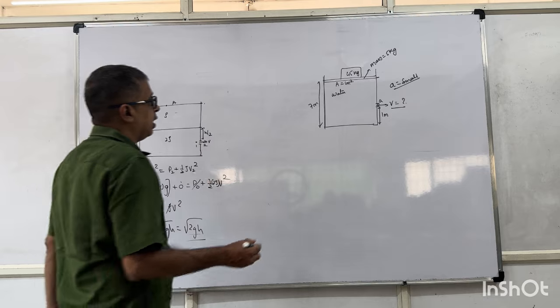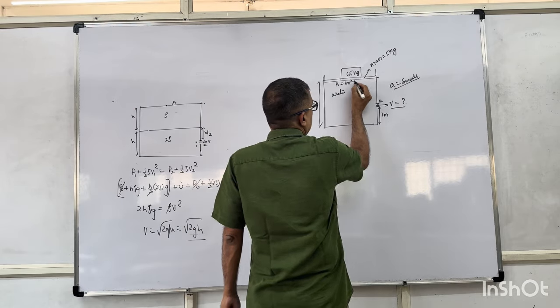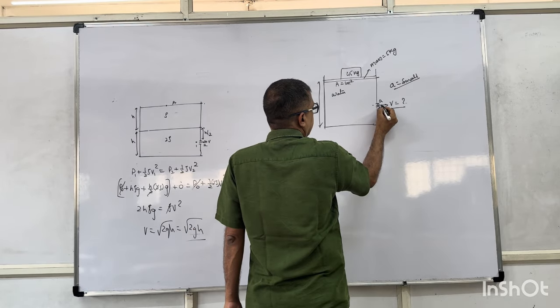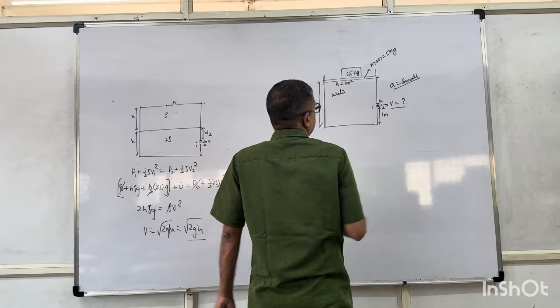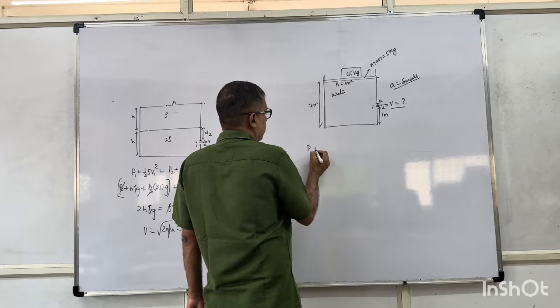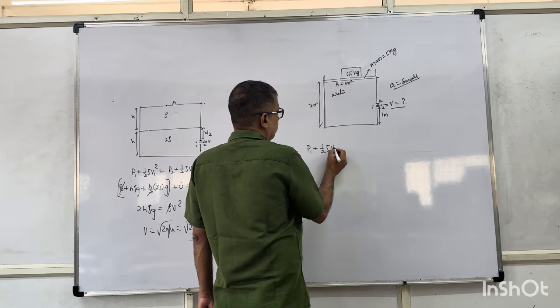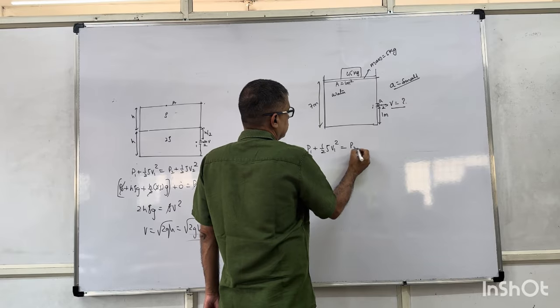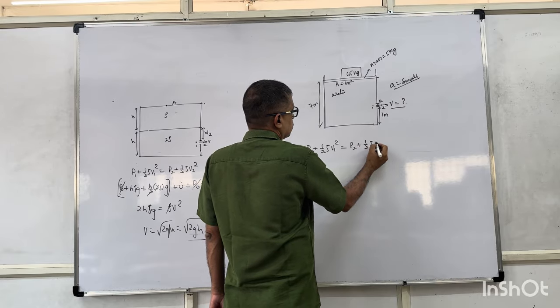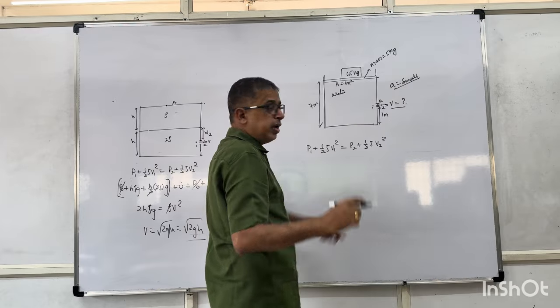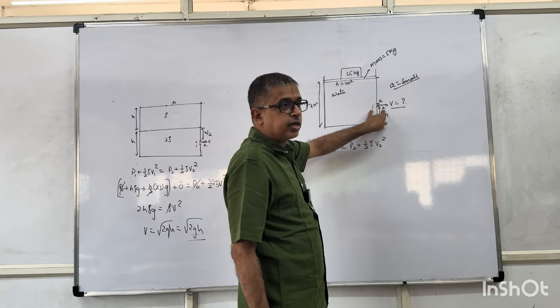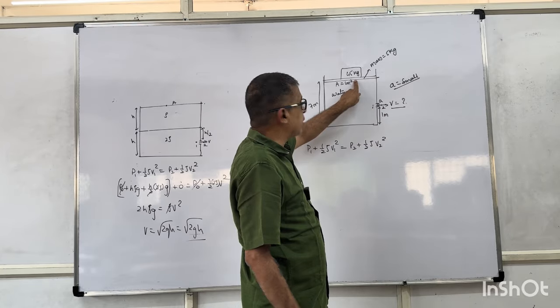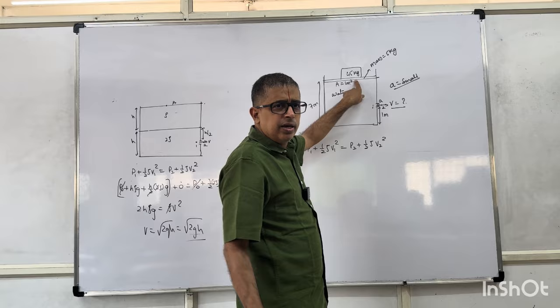Here when you apply, say take 1 and 2. I am taking 1 and 2. Pressure at 1 plus half rho V1 square is pressure at 2 plus half rho V2 square. I am preferably trying to select 2 points here. You can take 1 point here, nothing wrong.